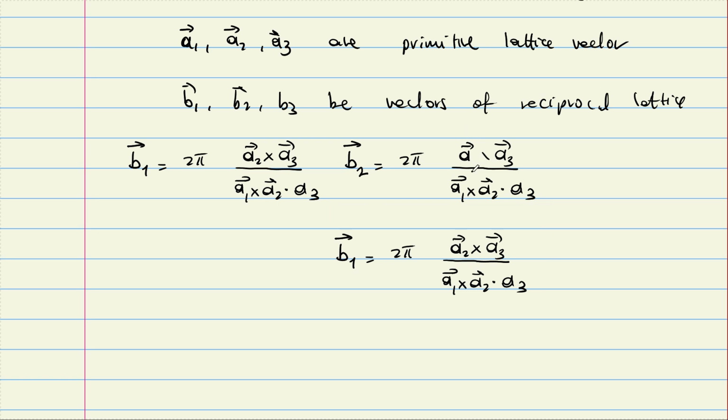This is 3 cross 1, I just cyclically permute, and B3 is going to be 1 and 2.